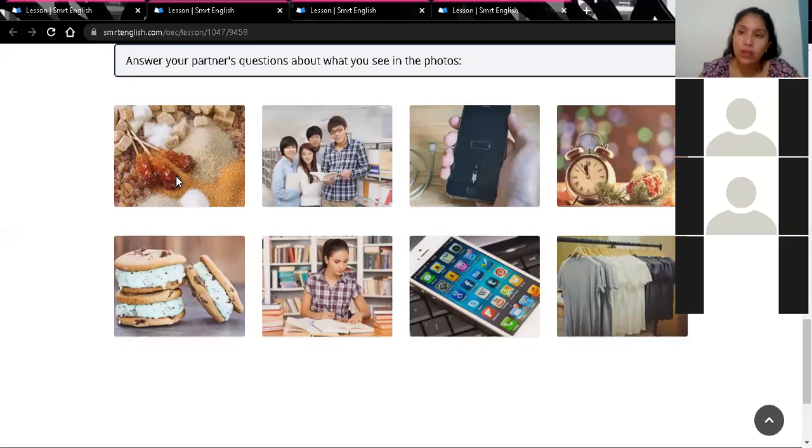Remember, many is for countable. Erika, now you're going to look at the second image and ask Roman, and he's going to answer you, okay? How much people are there? How much persons?